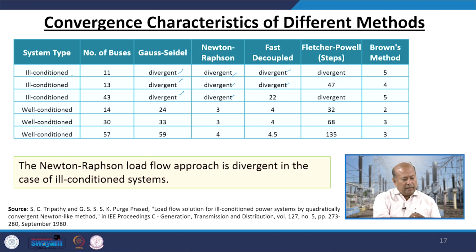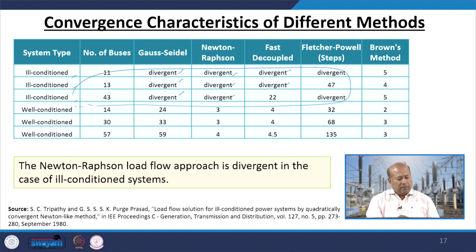So, for any ill-conditioned system you could see the system is not converging properly. However, if it is a well-conditioned system, we could see that with the number of iterations the system becomes convergent. The Newton-Raphson load flow approach is divergent in the case of an ill-conditioned system, and that demonstrates that it is always better to have a well-conditioned system instead of an ill-conditioned system.